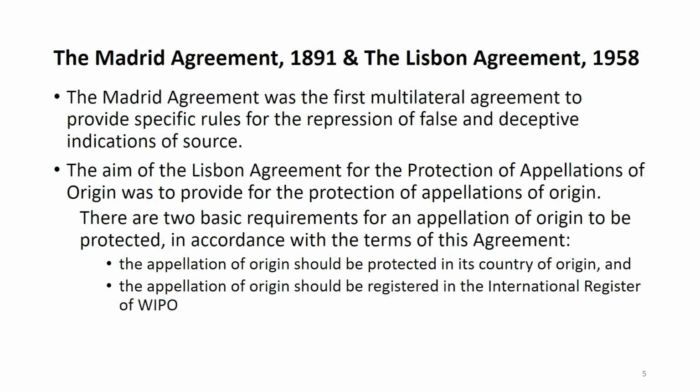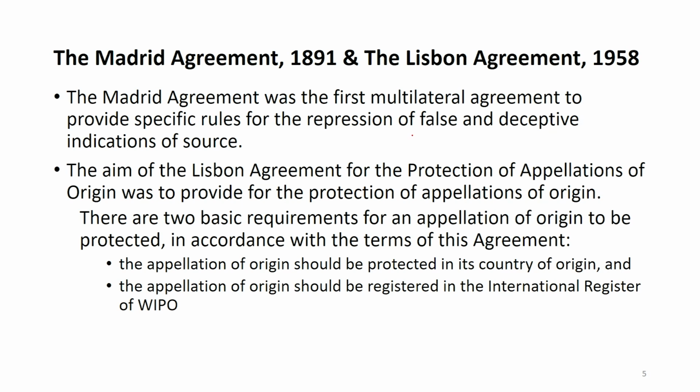Then we also came out with certain other agreements, for example, the Madrid Agreement of 1891 and the Lisbon Agreement of 1958. The Madrid Agreement of 1891 was the first multilateral agreement to provide specific rules for the repression of false and deceptive indications of source.